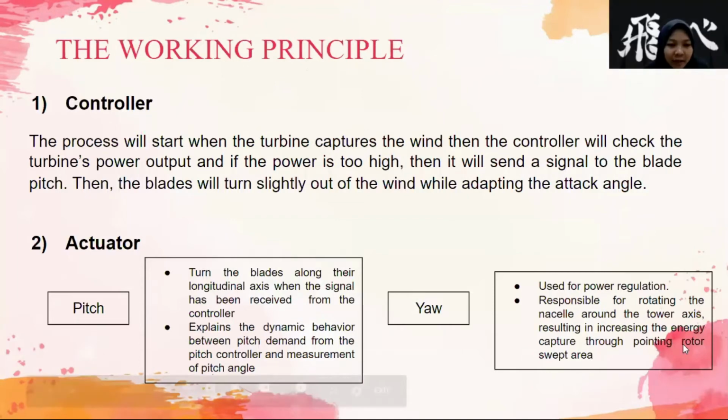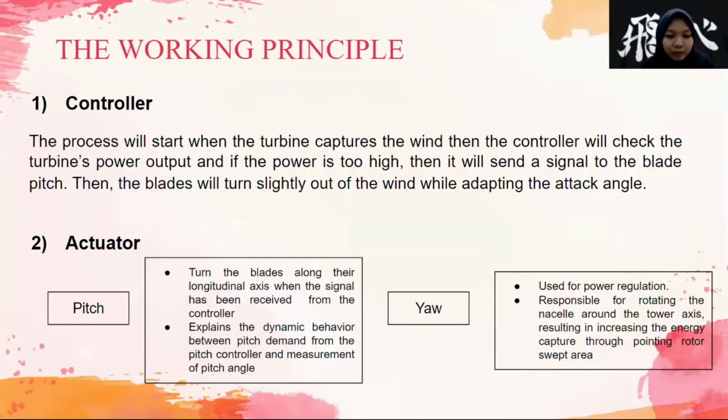Okay, so basically I will explain the first two working principles from that previous system. The first one is the controller. The controller starts being used when the process starts. When the turbine captures the wind, the controller will check the turbine's power output, and if the power is too high, it will send a signal to the blade pitch. Then the blade pitch will turn slightly out of the wind while adapting the attack angle. The next one is the actuator.